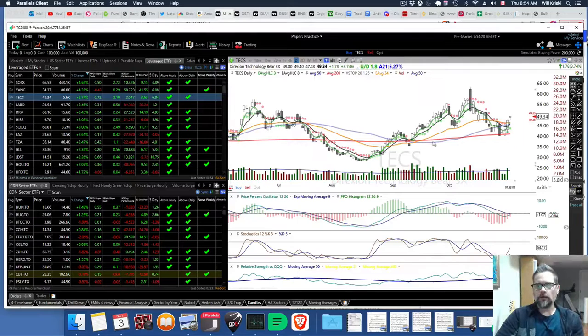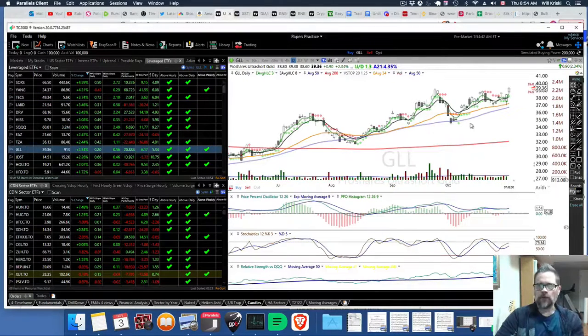There's a tech bear that's up 3.74%. Like I said, we hadn't quite crossed, but we're looking like we're heading up that way. Gold is going down because the dollar is going up, even though there's lots of inflation. So this is a short gold.